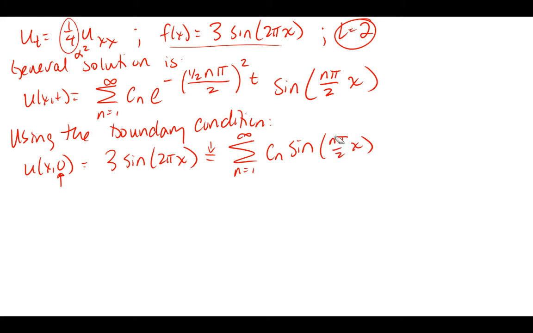Hello, 4 pi over 2 is 2 pi. Oh, well, look at that. So as it turns out, the fourth term of this infinite sum is actually exactly this.